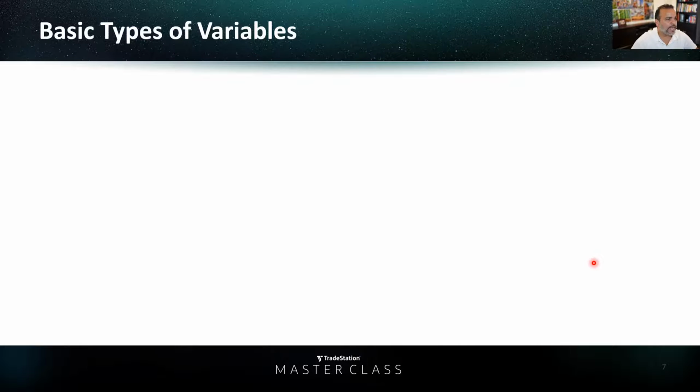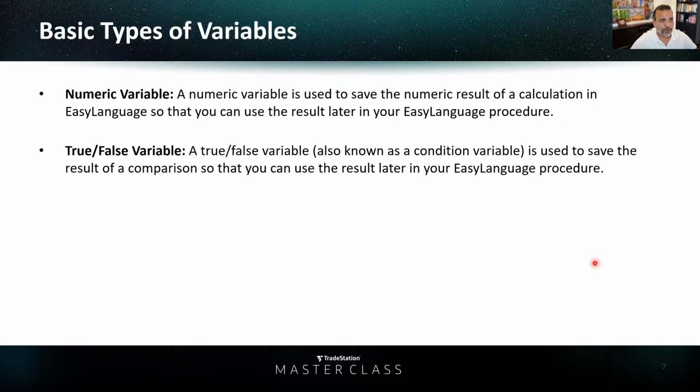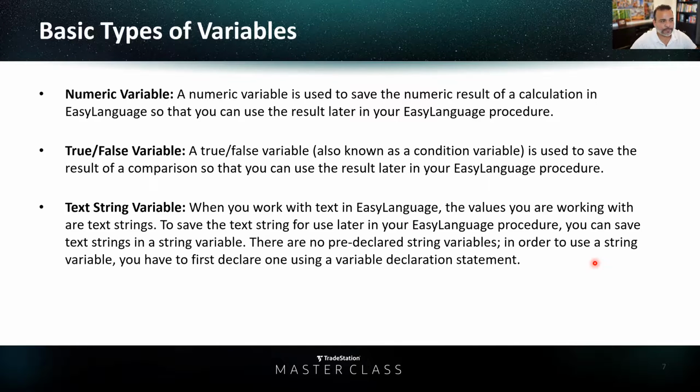All right, types of variables. Let's see. Numeric, very straightforward. It's just a number. True, false, we talked about it too. The variable holds either a true or a false expression. A text variable, we talked about it too, the one that you initialize using a set of double quotation marks.